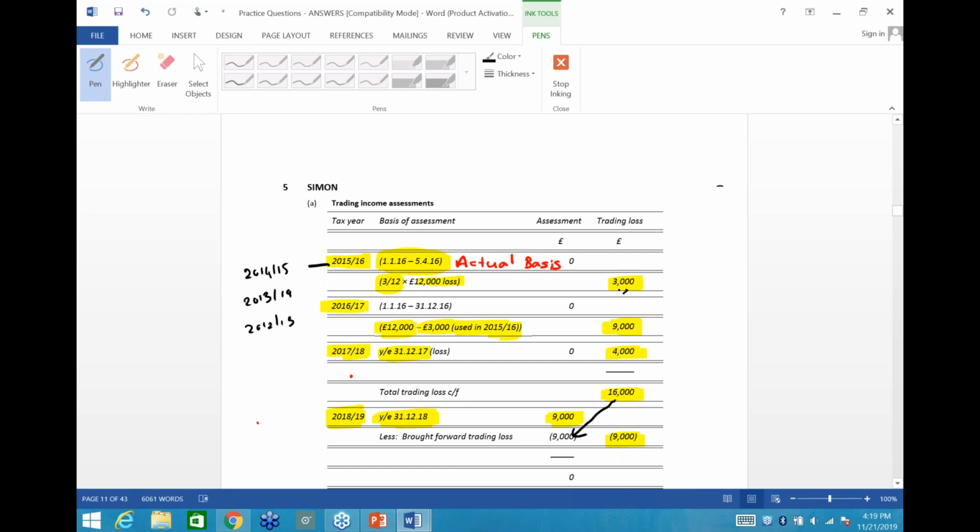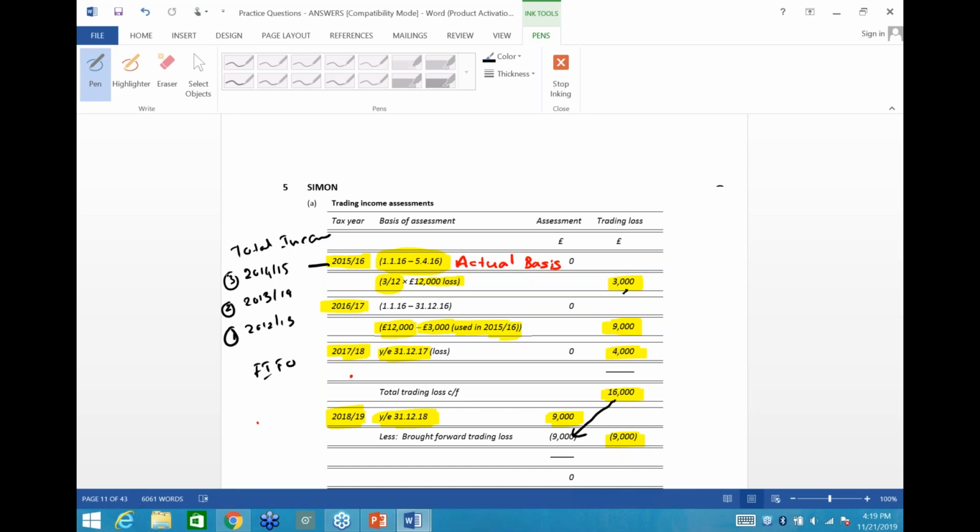So this 3,000 you can carry back for a period of 3 tax years to set off against total income according to first in first out basis. That means you can set it off first against 12-13 total income, then against 13-14 total income, and finally against 14-15 total income. That is how the opening year relief works.